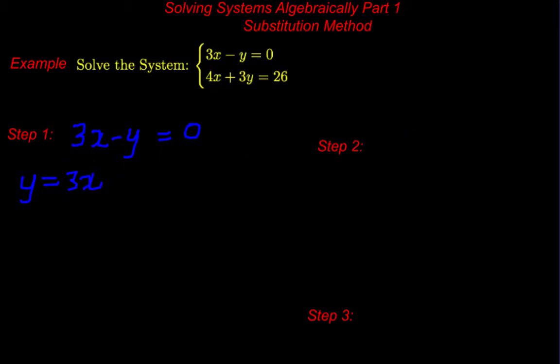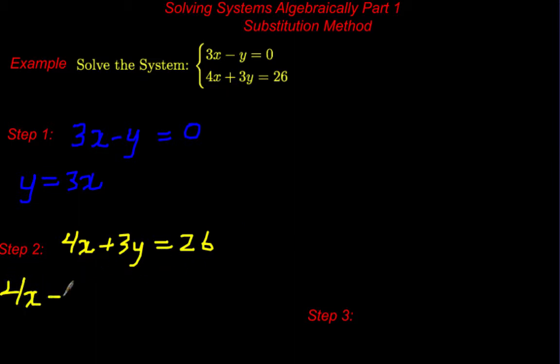Okay, so now we can start on step 2. Step 2 is the equation we didn't use. So the equation we did not use in that system is 4x plus 3y equals 26. Now here's what we're going to do. We're going to plug in what we know for y. 4x plus 3 times our new y value, which is 3x.